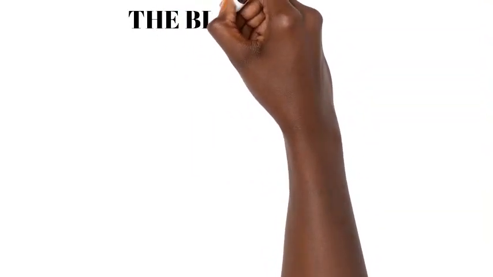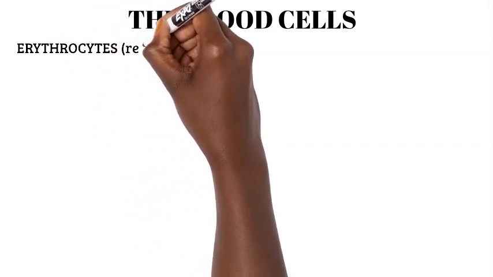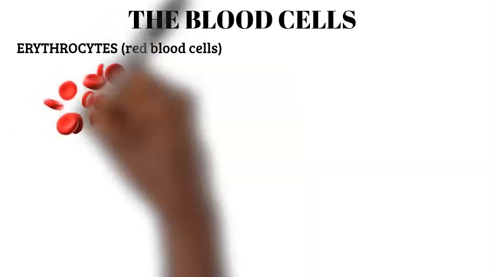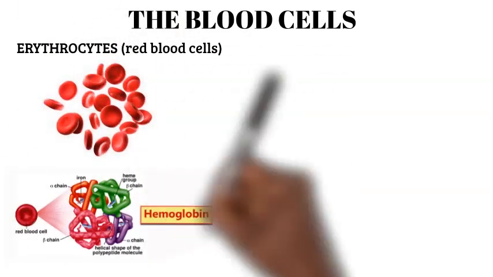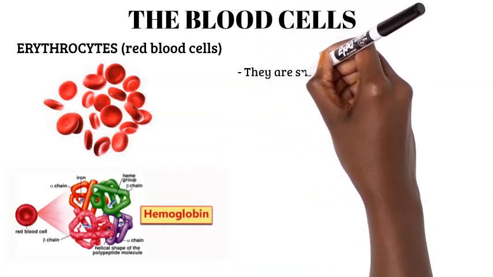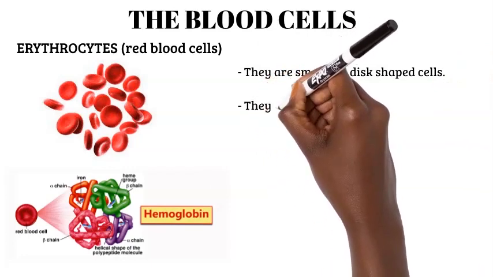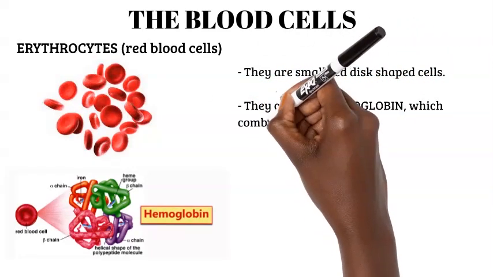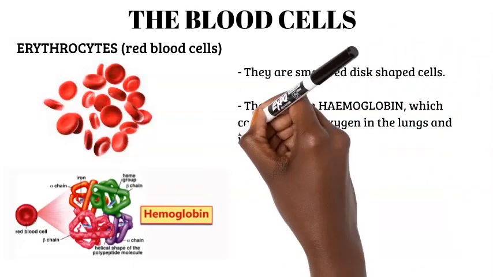Now, let's talk about the blood cells. One of the blood cells includes erythrocytes, also known as red blood cells. These are small red disc-shaped cells which contain hemoglobin, which combines with oxygen in the lungs and then transports it to body tissues.